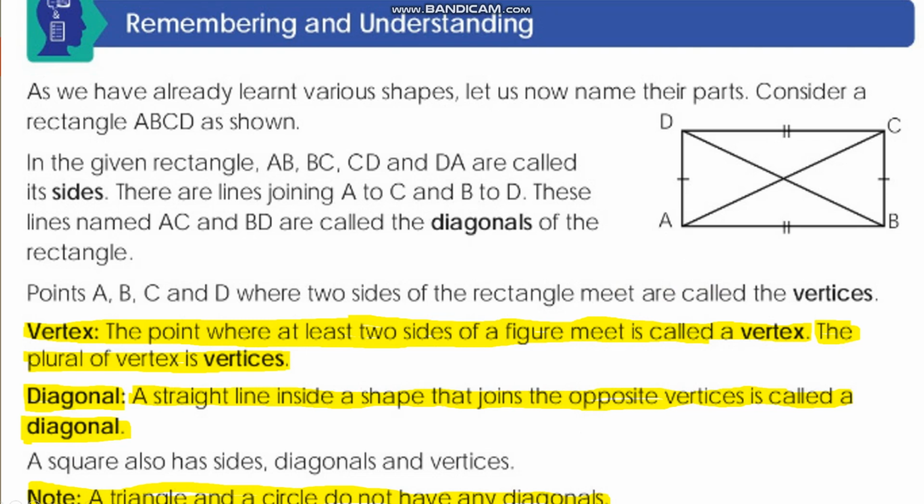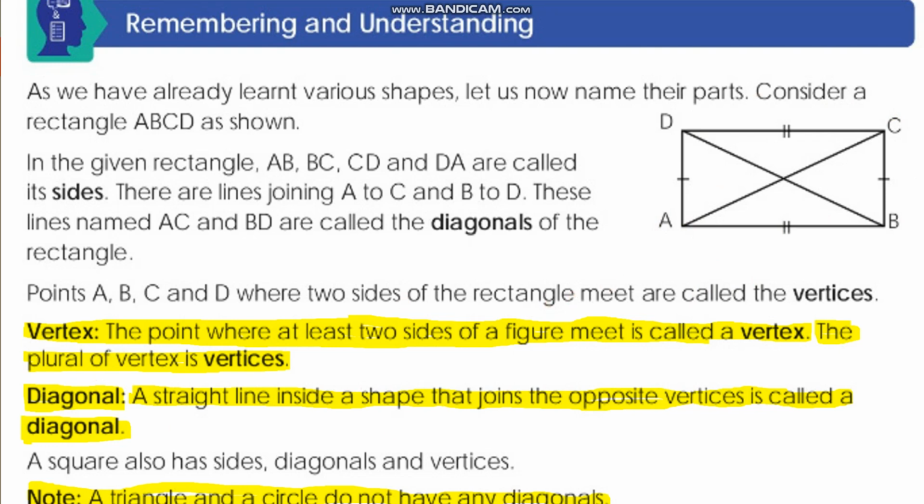There will be no diagonals in that shape. So triangle and circle do not have any diagonals. Got it children? So here we learned about vertex and diagonals, and now we know how to name the sides, name the vertex and how to name the diagonals also, isn't it?